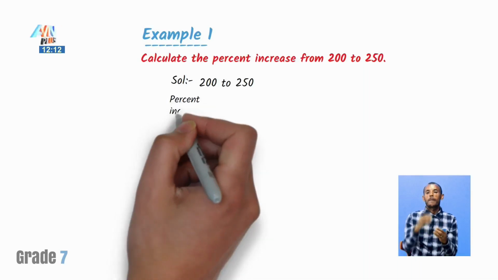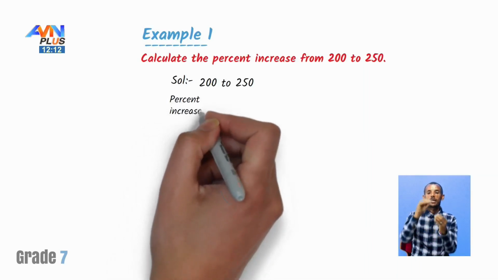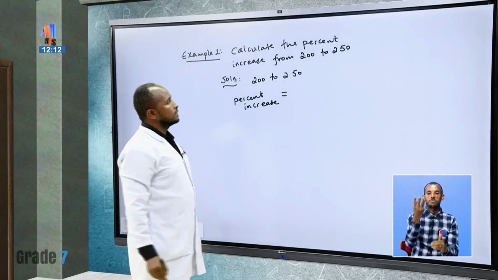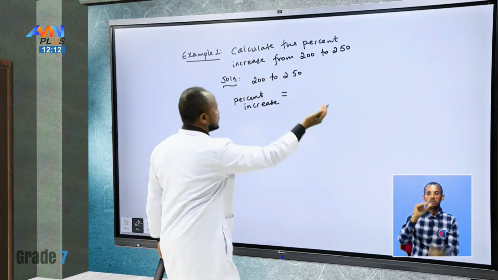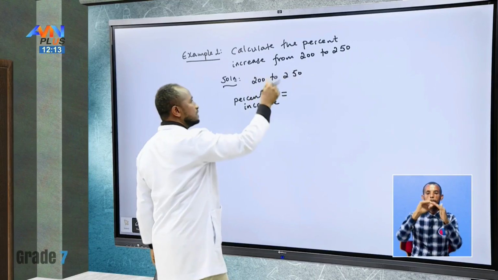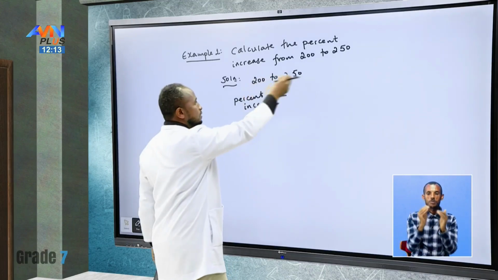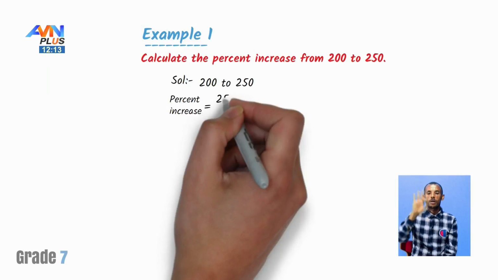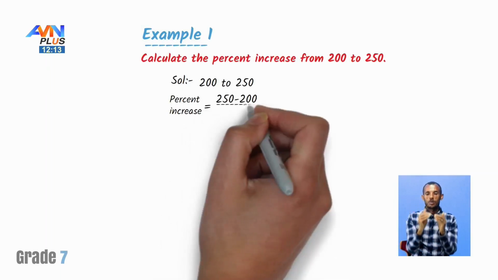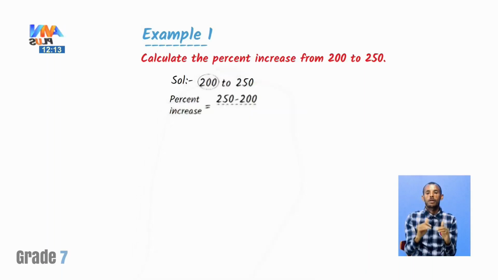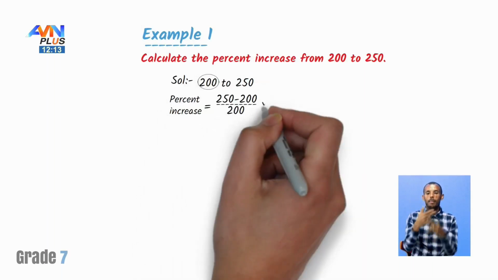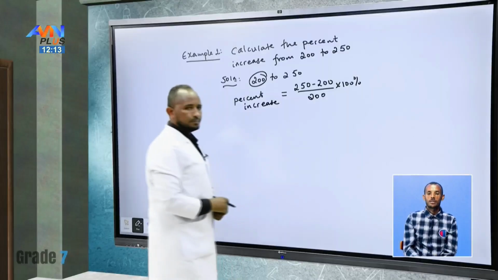Percent increase is equal to the increased amount, 250 minus 200, divided by the original quantity 200, and then multiplied by 100%.